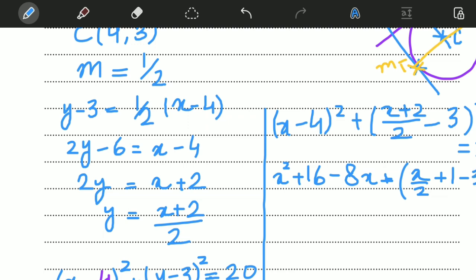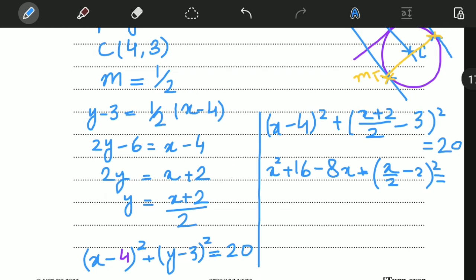See, if we distribute this 2 with both the numerators, so minus 3 plus 1 will be minus 2. So I am writing it as minus 2 whole square is equal to 20.